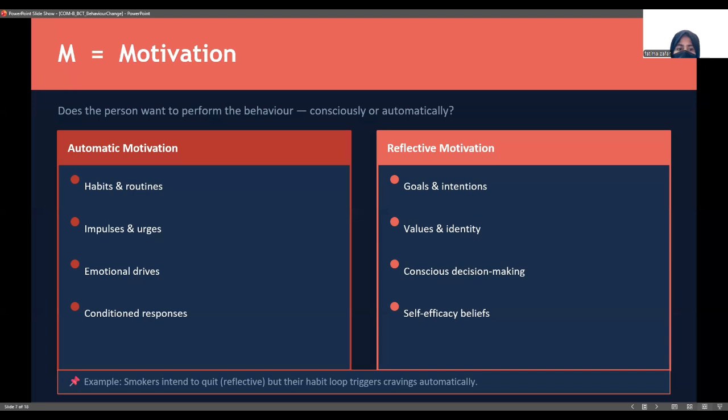For example, smokers intend to quit, that is reflective, but their habit loop triggers craving automatically. So this is the concept of automatic motivation alongside reflective motivation.